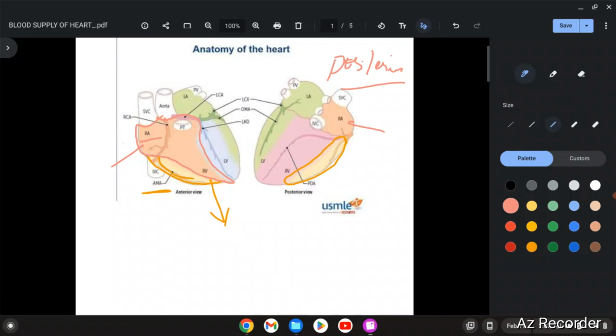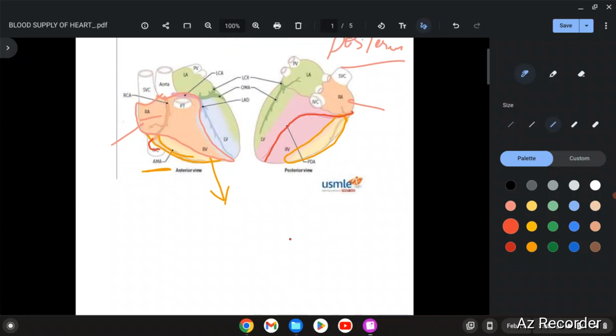Okay, then the right coronary artery turns around and comes on the posterior surface of your heart, right here. It turns around and comes on the posterior surface of your right ventricle. Actually on the posterior surface of your heart, simply. Okay, not right ventricle. It comes on the posterior surface of your heart. Remember this thing.